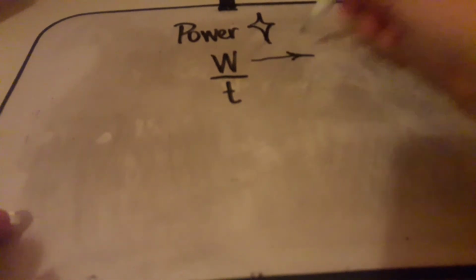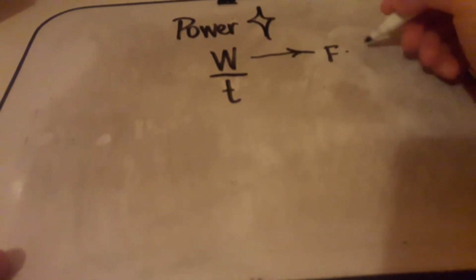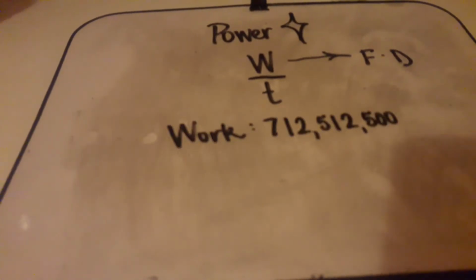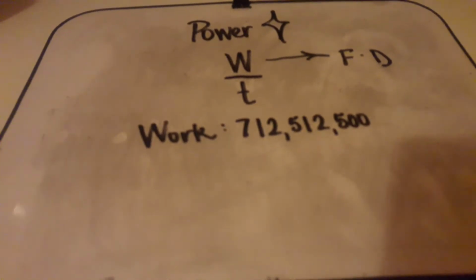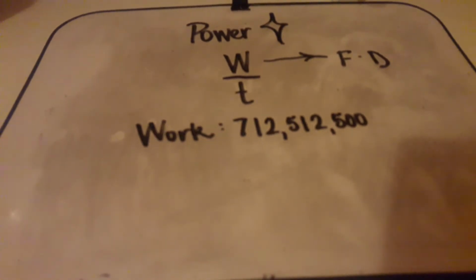It's going to be this: work divided by time. Now, we know that work stands for force times distance, right? Now, we know that force times distance for the Boeing 737 is going to be this. Now, this is the work for the Boeing 737 plane.